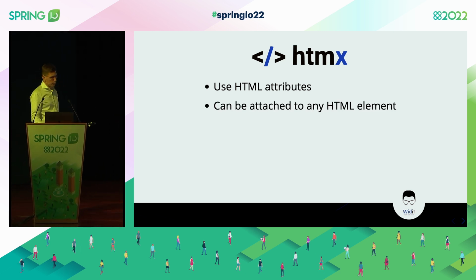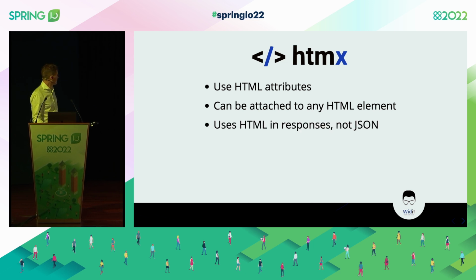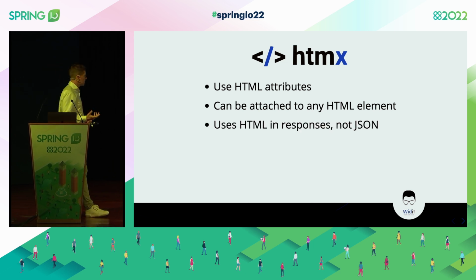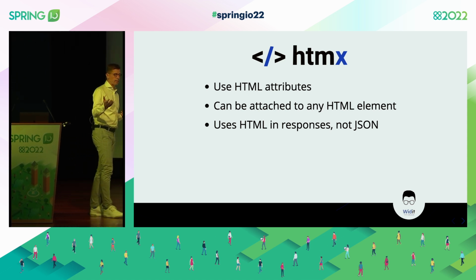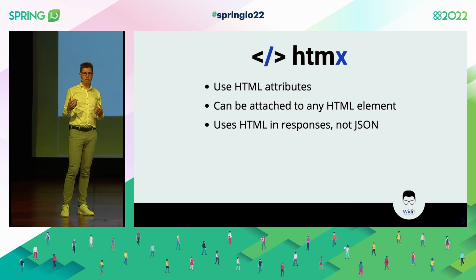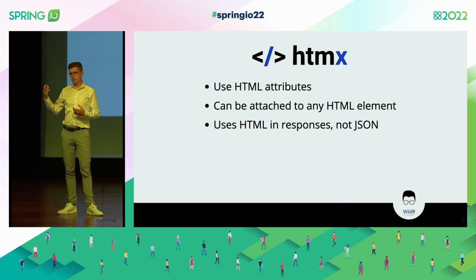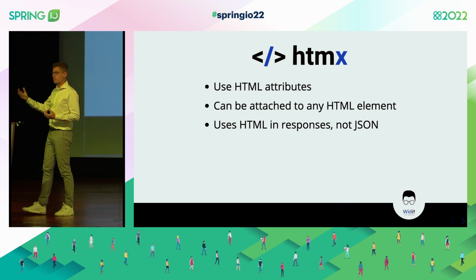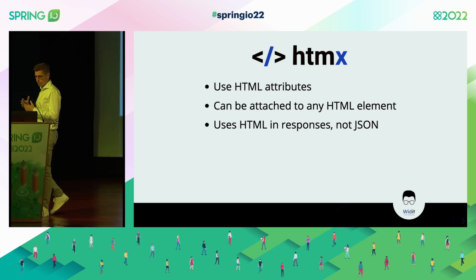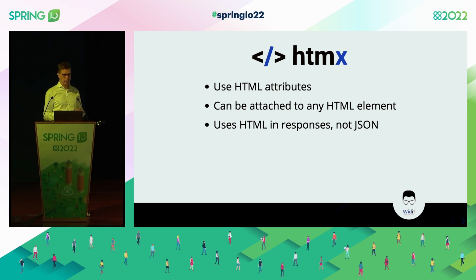So you can attach them to any HTML element. The big change here, compared to what we're used to, is sending JSON back and forth. Here we will use HTML. So you send a request to the server, and the server responds, not with JSON, but with little snippets of HTML, and they will get dynamically swapped into the application.